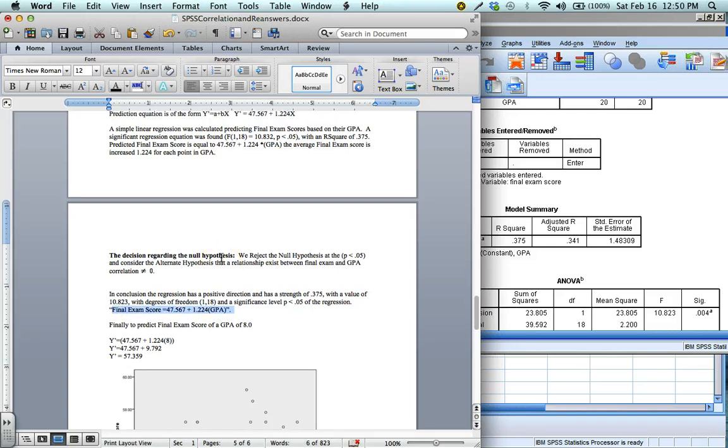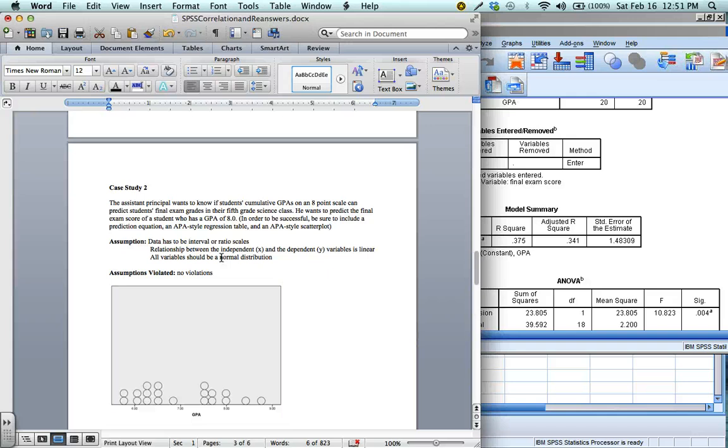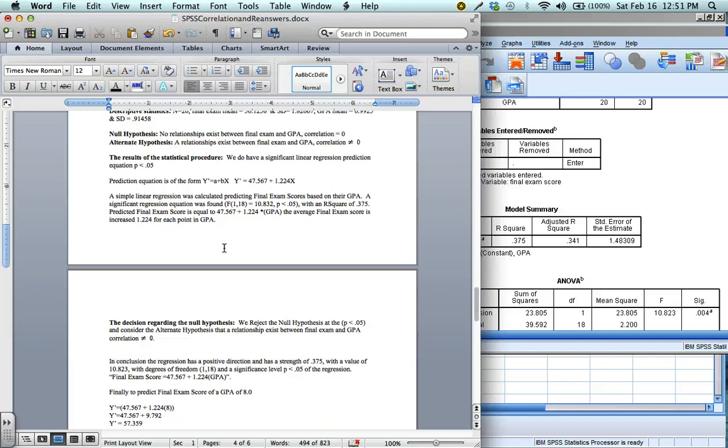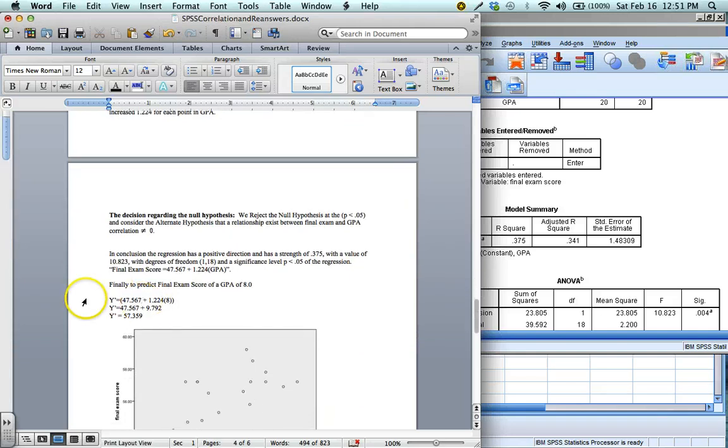And if you recall back in our original question, it says he wants to predict the final exam score of a student who has a GPA of 8.0. So given the data we were given, based off the correlation and using all the data that we had, we came up with this equation.